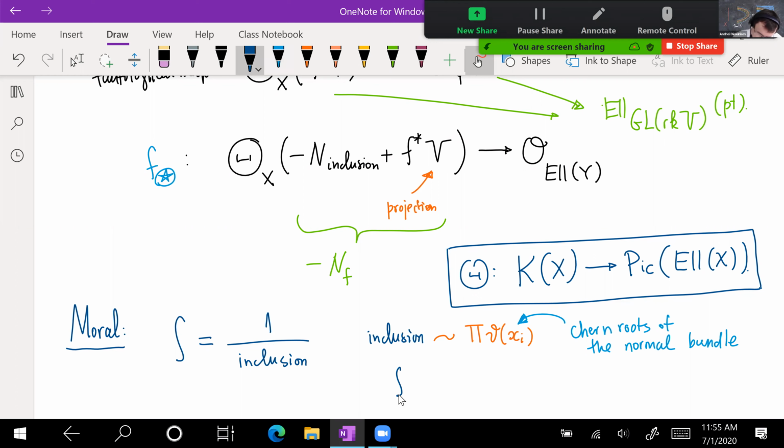And when we integrate, then in the formulas appear the theta of xi, which are the same for the tangent bundle.